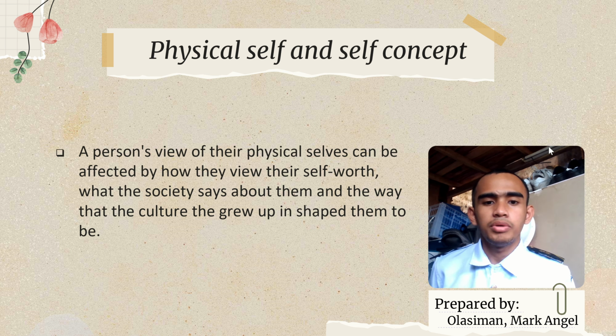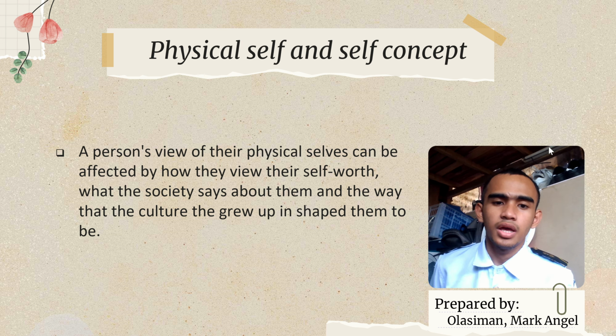So, a person's view of their physical self can be affected by how they view their self-worth, what the society says about them, and the way the culture they grow up in shapes them to be.